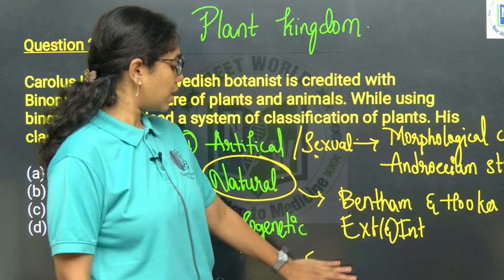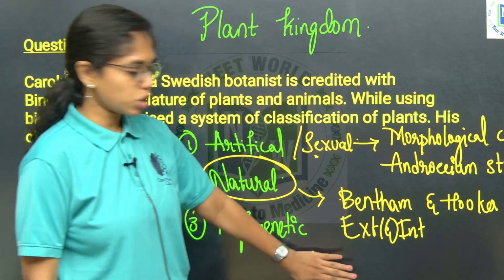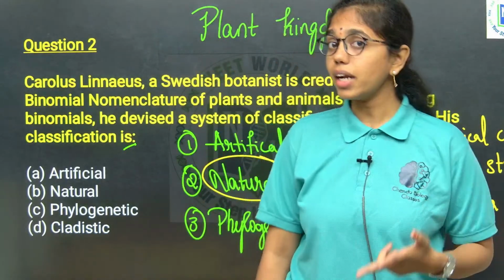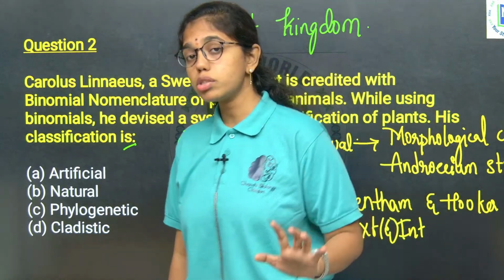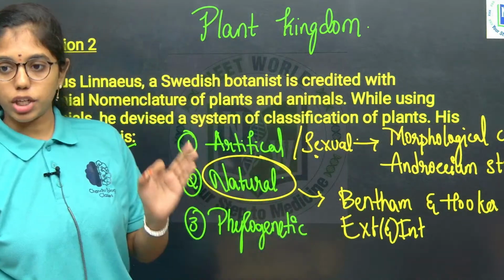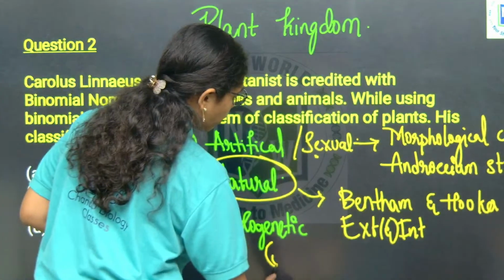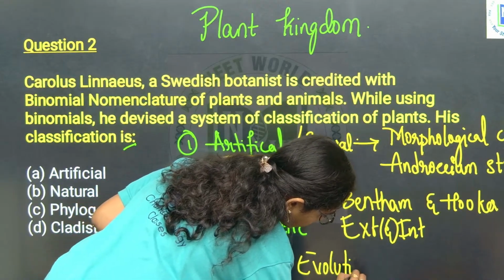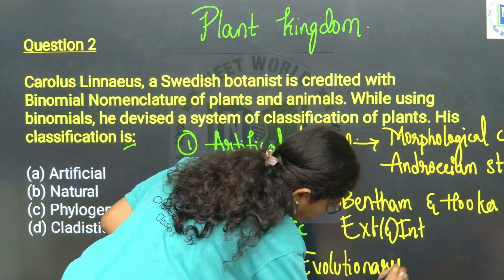These are the proponents of the phylogenetic system, where along with external characters and internal structures, they have also considered evolutionary relationships.